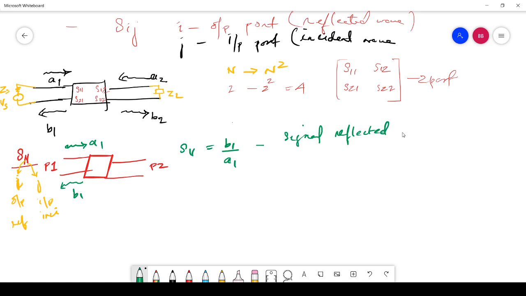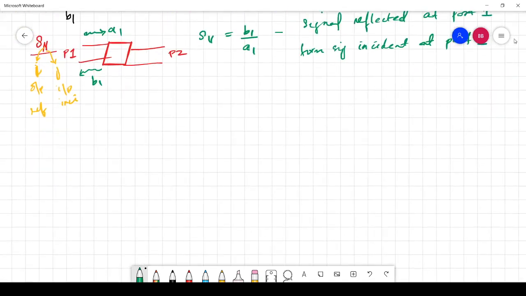So this is your S11. Now let us see the next parameter.